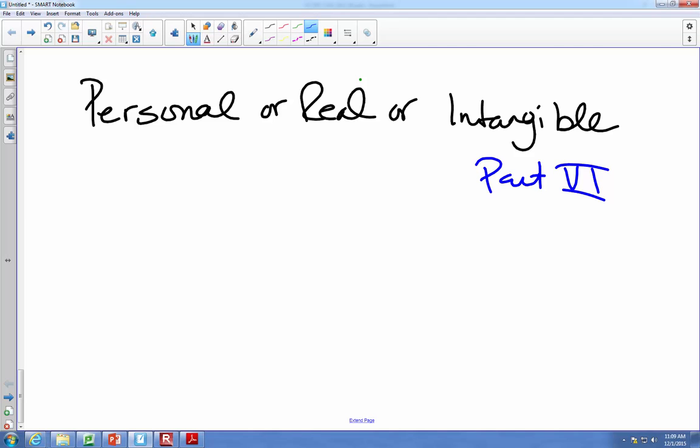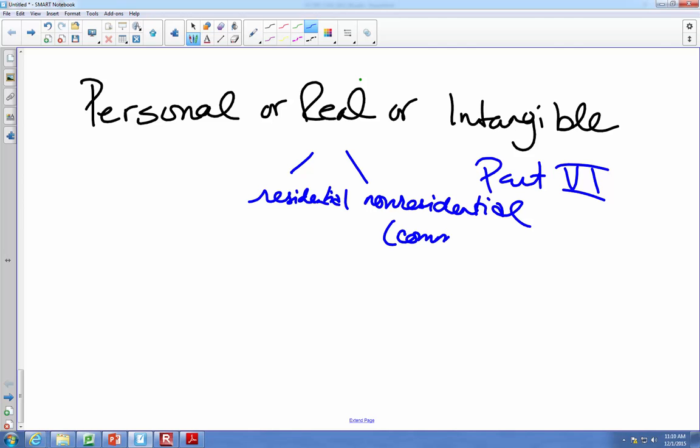Okay, real estate is either residential or non-residential, which is just a fancy way of saying commercial.